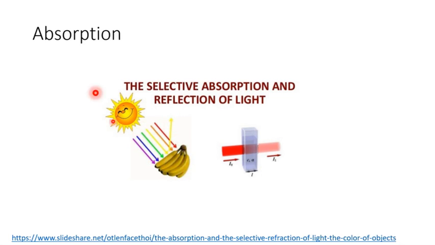This method is known as absorption, where the banana absorbs all other wavelengths and emits only the yellow wavelength. So in this case also, you have a higher intensity of light incident on a material. This material absorbs various waves and emits only a particular linearly polarized light.